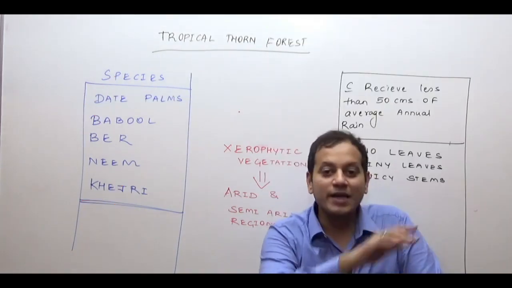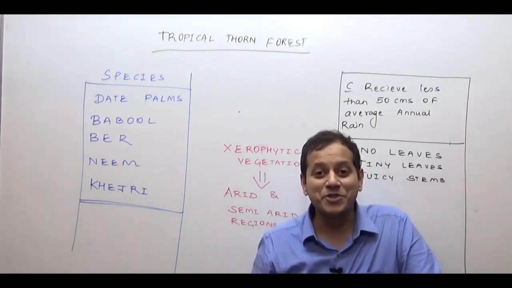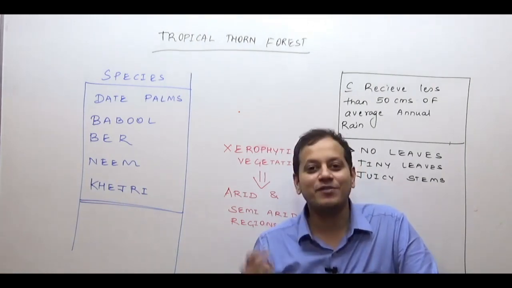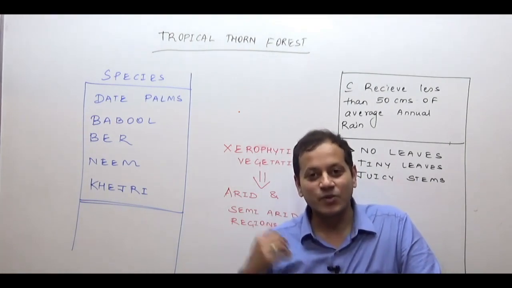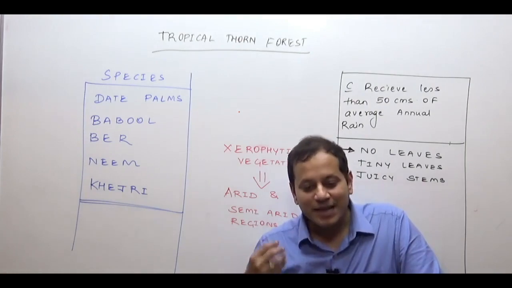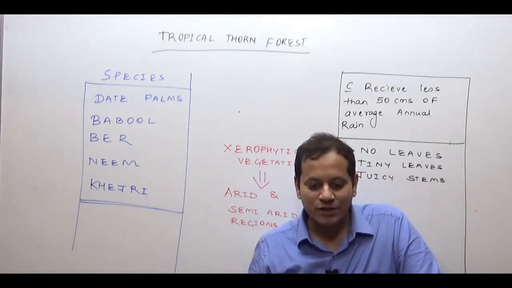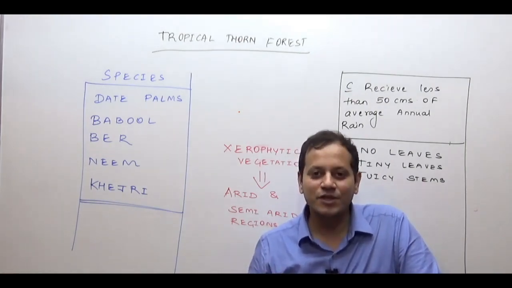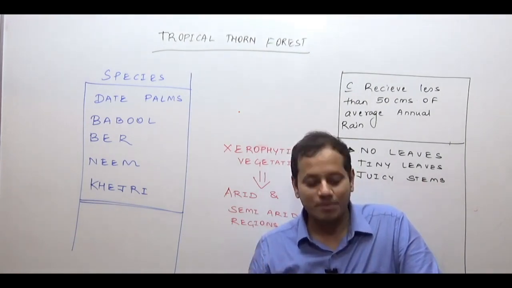And so where will the date species be? The date species will be in the state of Rajasthan, that is in the semi-arid and arid regions. So the forest of Punjab, Haryana, Rajasthan, some drier parts of Gujarat, drier parts of Madhya Pradesh is the tropical thorn forest.